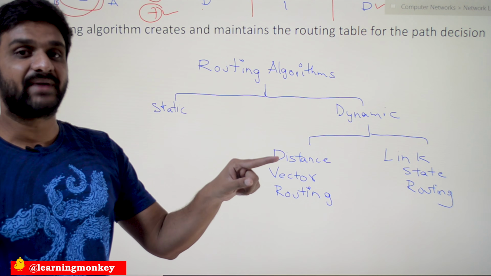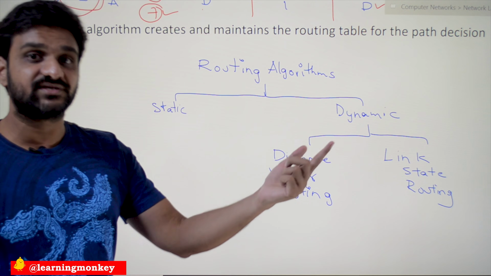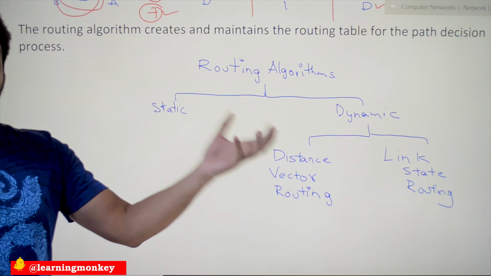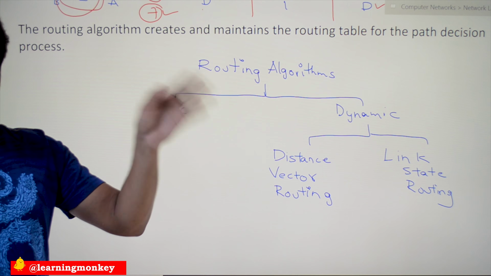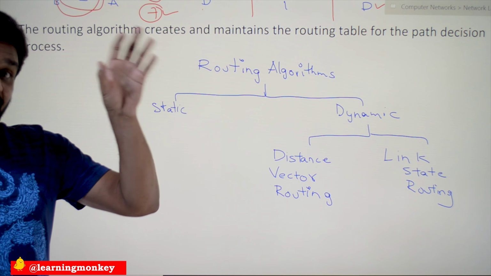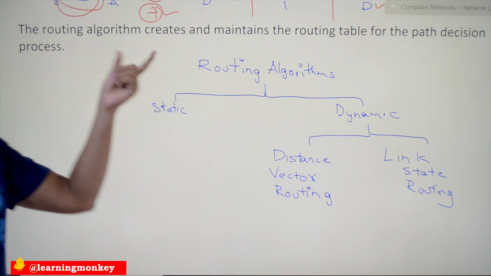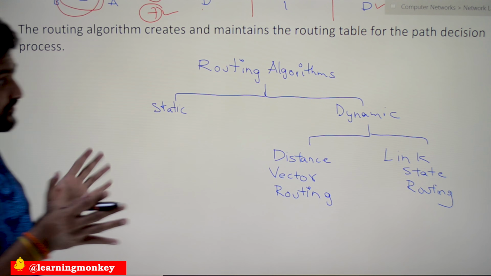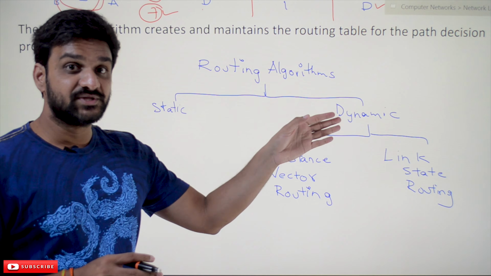In order for the packet to be transmitted to the next router, the path decision is made by the routing table, and that routing table is generated by the routing algorithms.